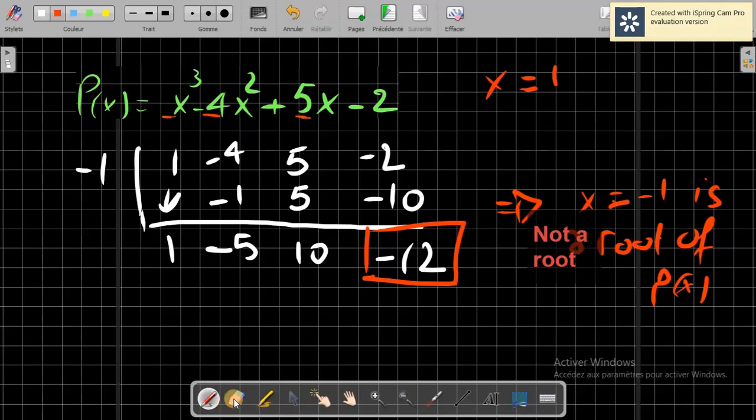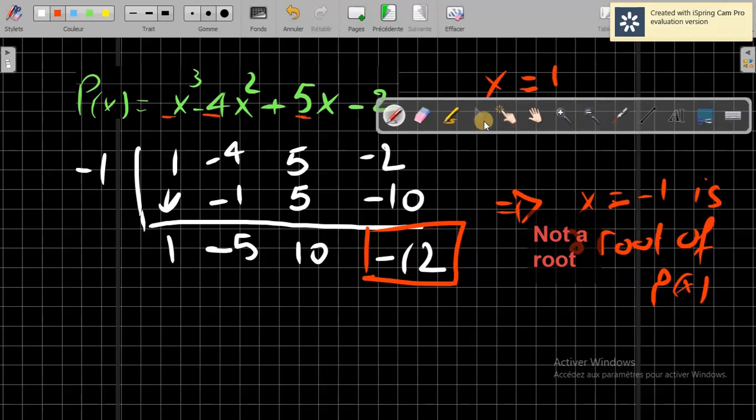All right, so let's try for x is equal to 2. Again, I'll take the coefficients 1, negative 4, 5, and negative 2.